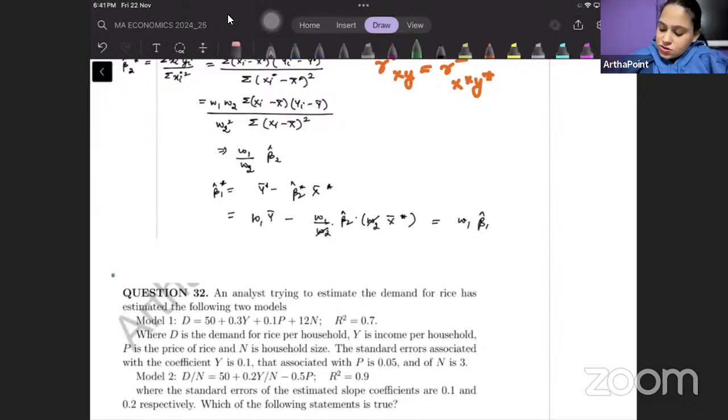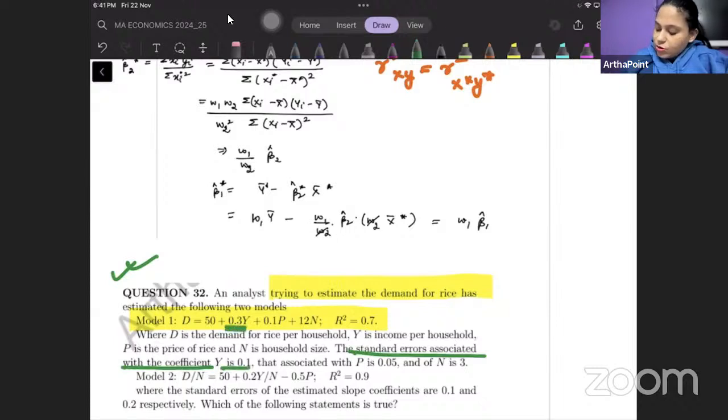Okay. So this is the question. It says, an analyst is trying to estimate the demand for rice, and there is a model that is given to you, and the R square value is also given to you. It says the standard error associated with coefficient y is 0.1, that associated with p is 0.05, and n is 3.